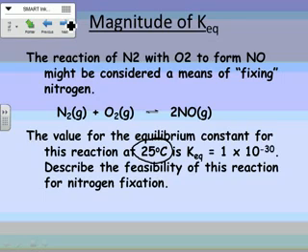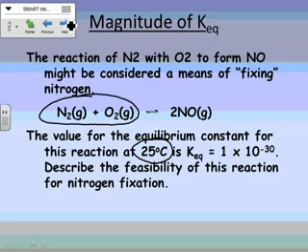So what that tells you is, at equilibrium, there's going to be a lot more of the reactants than there is of the products. Okay? In other words, not very much of this reaction changes into products. Okay? At equilibrium, you'll have just a tiny bit of the NO, and a bunch of the N2 and the O2. Okay?